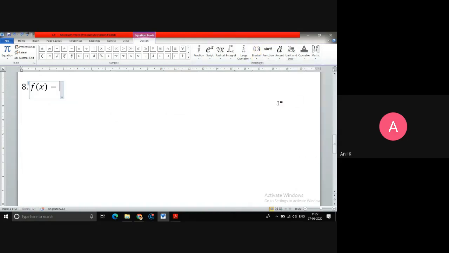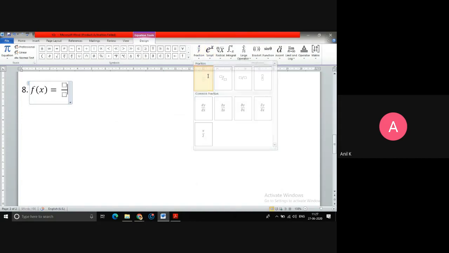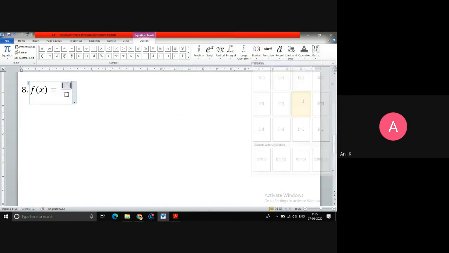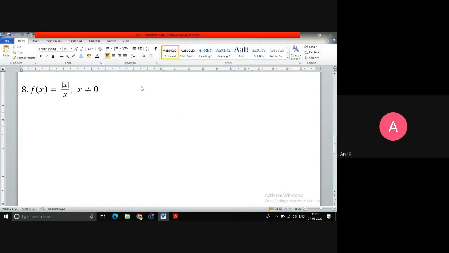So we want to get a fraction, and here I'll put mod x upon x, where x is not equal to 0. So whether it is left function or right function, the function is going to be the same only.